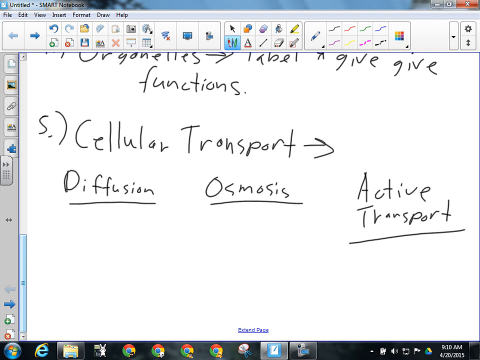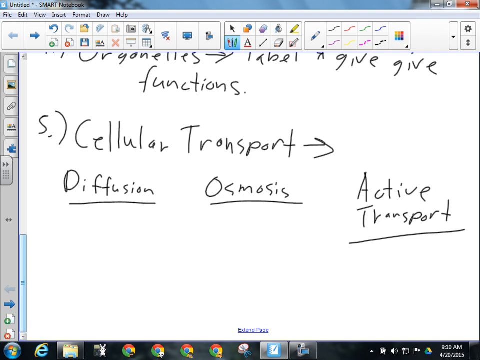There's a question in the written response about each one, I believe. Or did I change that? There's at least 2, if not 3, written response items about cellular transport.